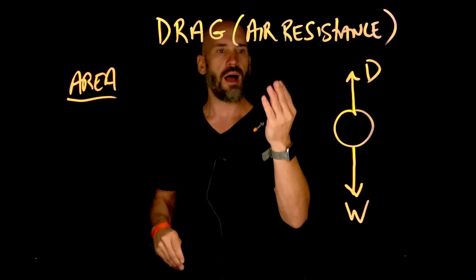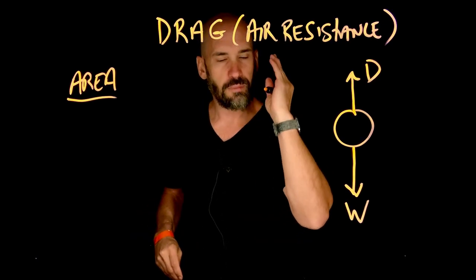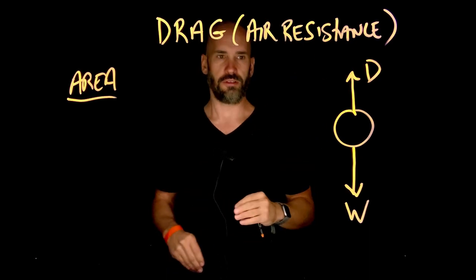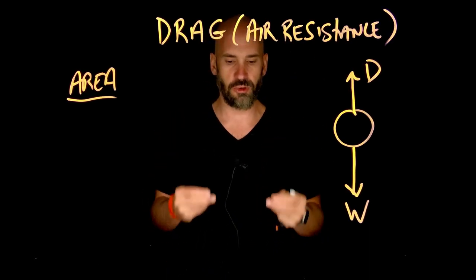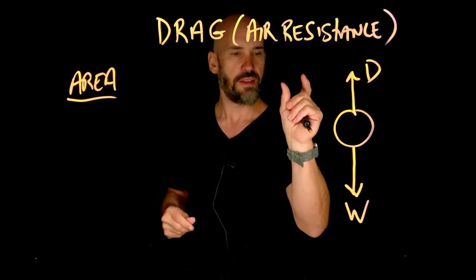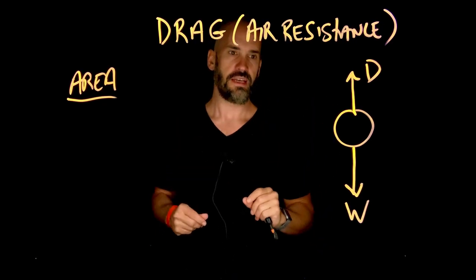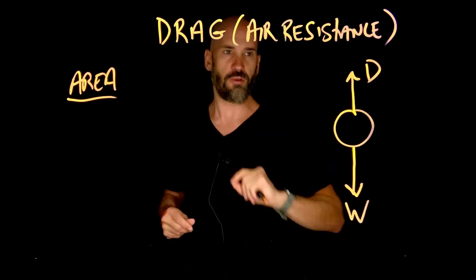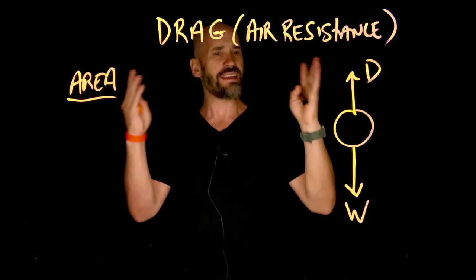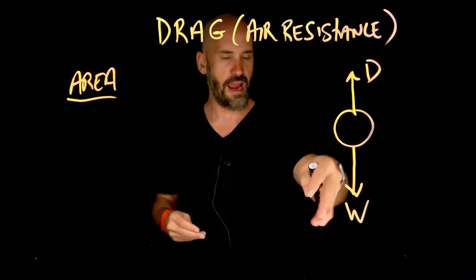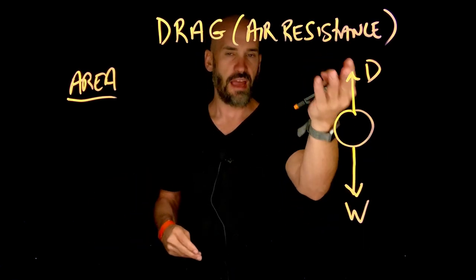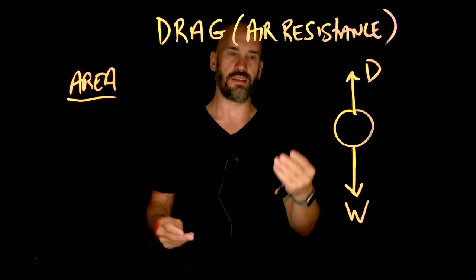Okay, and probably the thicker the material, the more viscous, the more density that it has, that is also going to play a part in whatever this drag force is going to be. So, for example, let's say that I'm going through air versus going through water. Obviously, air is going to have less drag than water would.